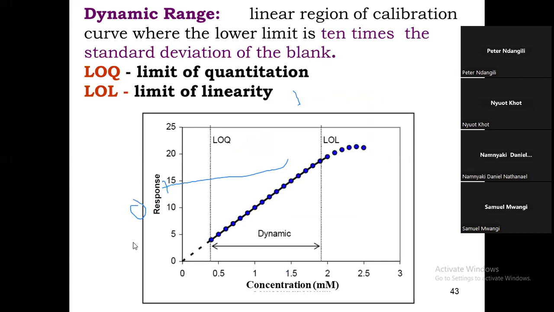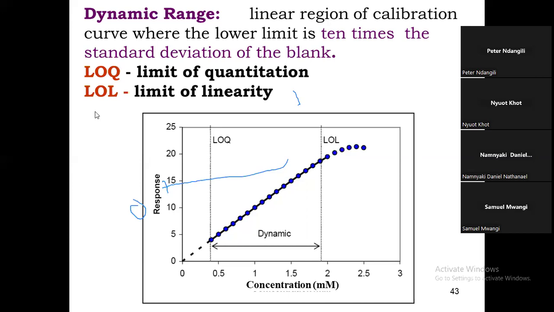When we further look at the dynamic linear range, it is a linear region of the calibration curve where the lower limit is 10 times the standard deviation of the blank. Remember, we talked about the limit of quantification, where we calculate it as 10 multiplied by the standard deviation of the blank, divided by the slope of that measurement.